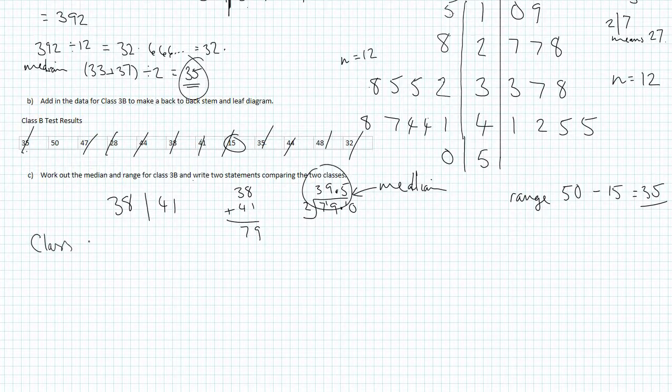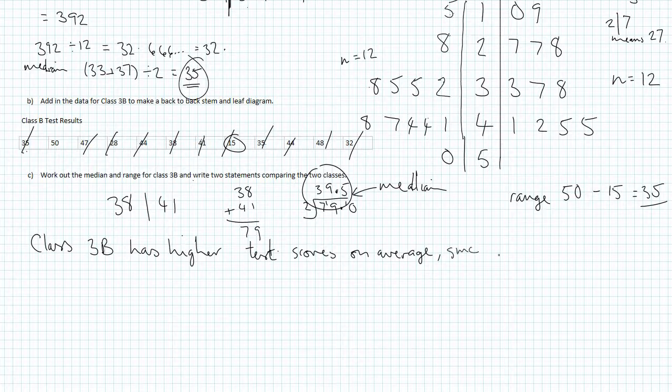So I would write class 3B has higher test scores on average. And you need to write it like that. You can't write, you've got a higher median. You've got to write higher on average and then state your evidence, since the median 39.5 is bigger than 35.